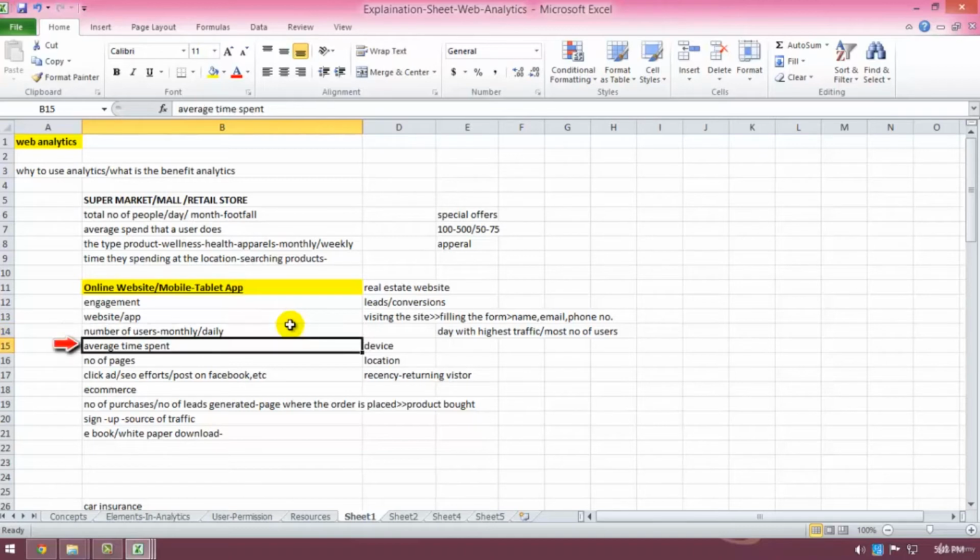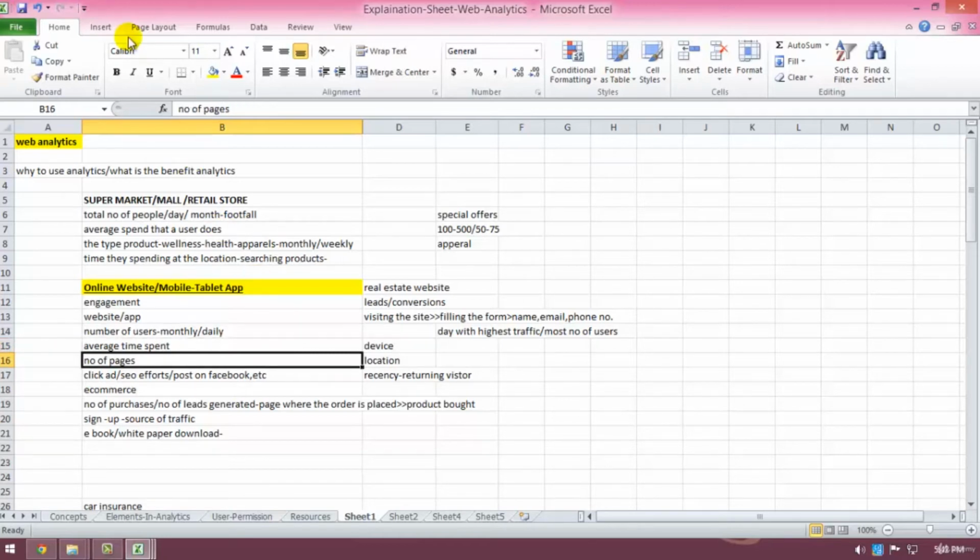What is the average amount of time they are spending on my site, whether they are staying there for 5 minutes, engaging for 2 minutes, or closing the web page in only a fraction of a few seconds. That is some good data which I need to know about my site.